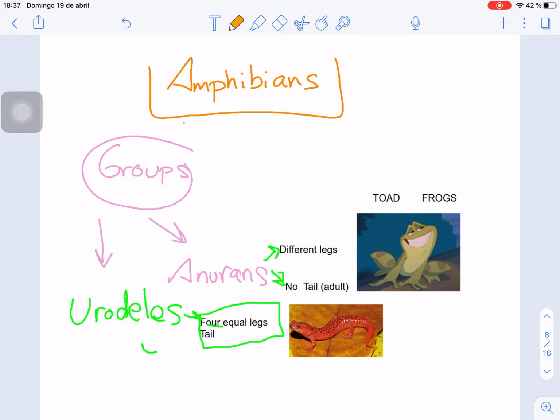The two groups are called anurans, which means they have different legs. The front leg is different from the back leg. And when they are adult, they don't have a tail. Examples are toads or frogs.